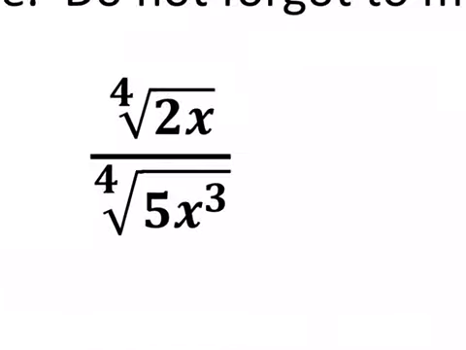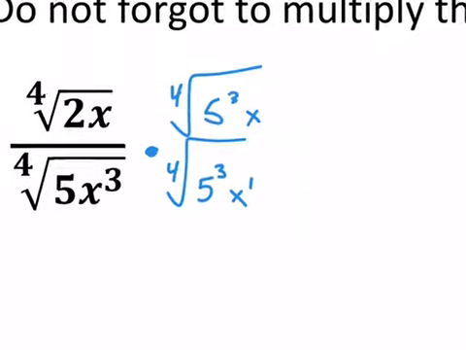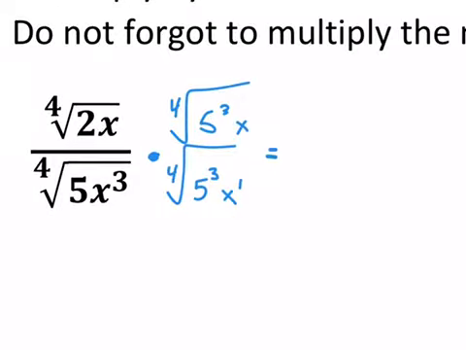Here our index is to the 4th power. So we're going to want to get everybody to the 4th power. So that 5 is missing an exponent of 3. X is missing an exponent of 1. When we multiply across, we'll get a 5 to the 4th and x to the 4th, freeing up both of those from the 4th root.